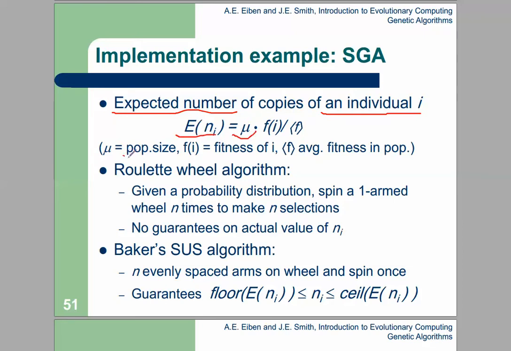Mu is the population size, which in this example is 4. Mu is 4 because the population size is 4. F_i is the fitness of element i, and this F is not true. It is a summation of fitness.